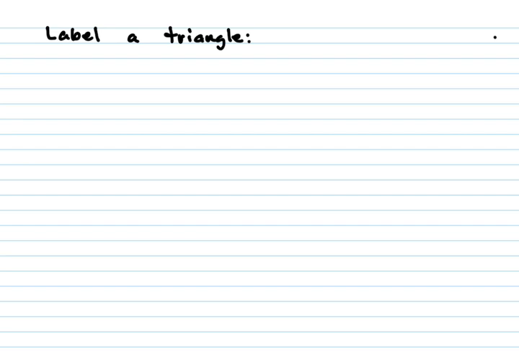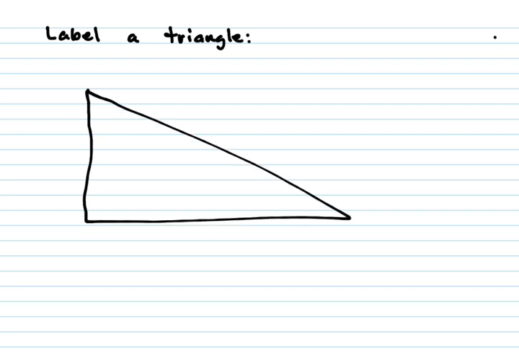All right. First thing, let's just draw a right triangle. And the orientation doesn't matter. It can be flipped over. They can be up. They can be on their side. Whatever. Doesn't make any difference. To indicate that it's a right triangle, we're going to use a little square.